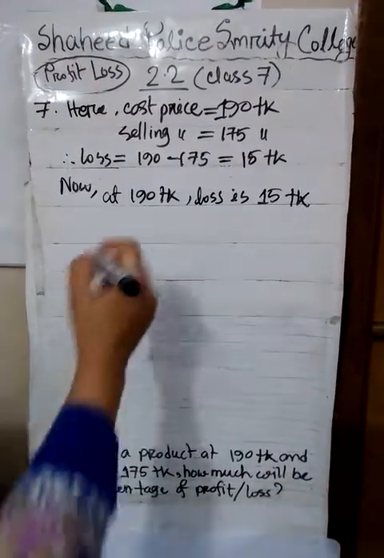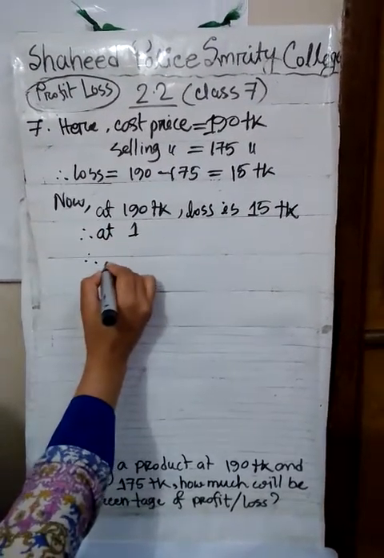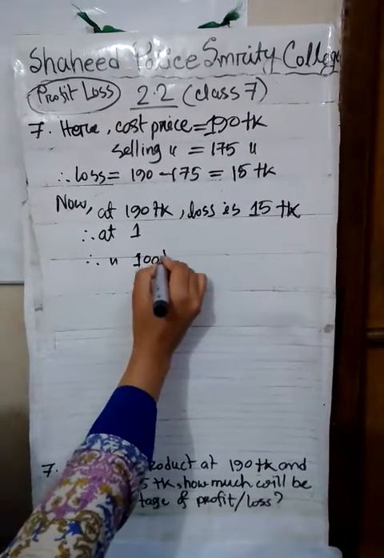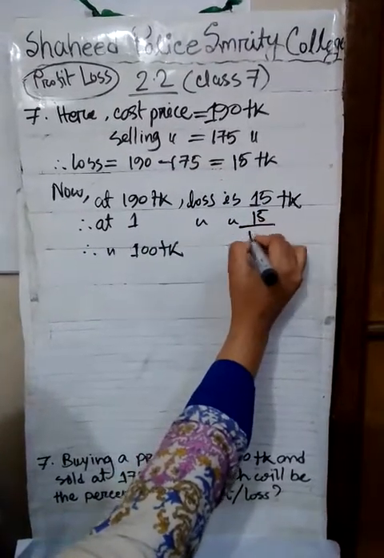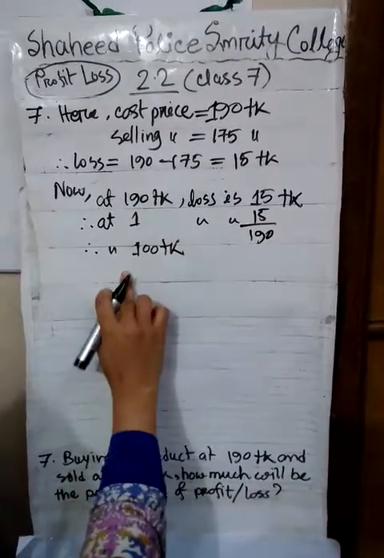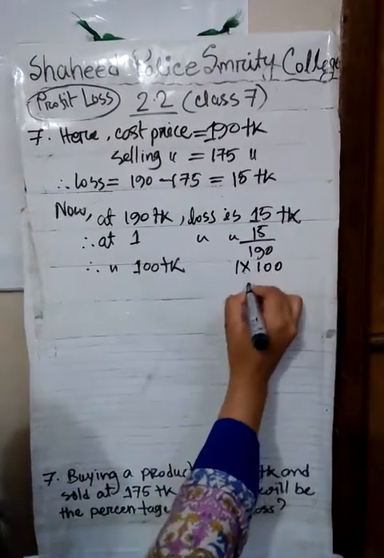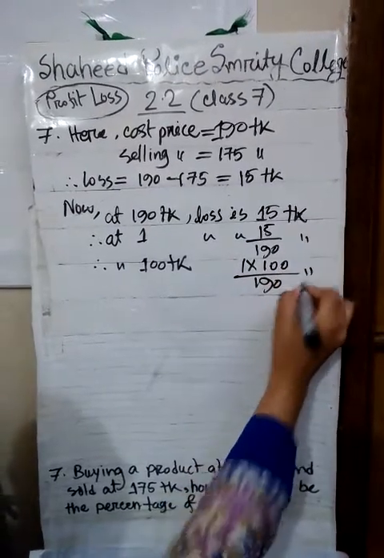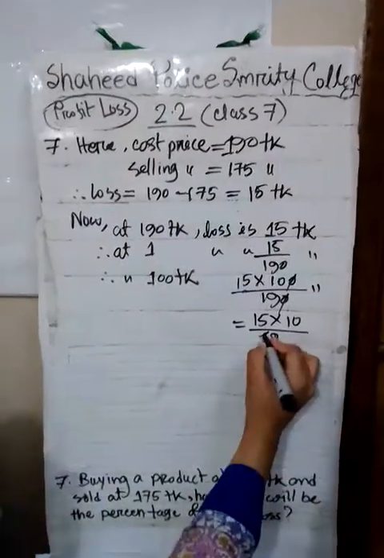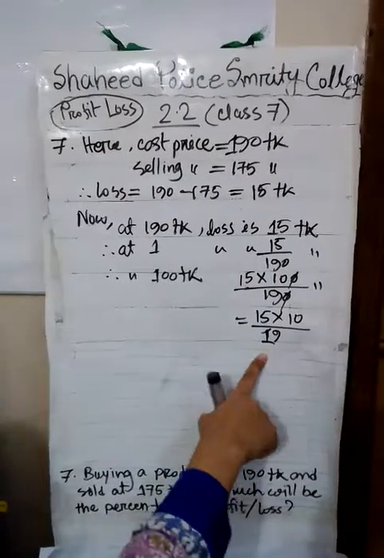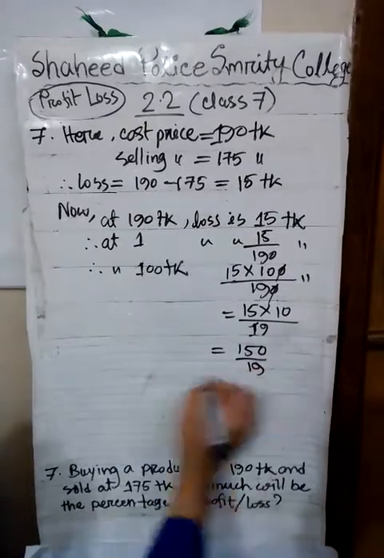So we have to determine for 1 taka and then for 100 taka. More to less, that means we have to divide, and less to more, that means we have to multiply with the numerator. And the calculation was 15 into 100 divided by 190, that means 150 divided by 19.